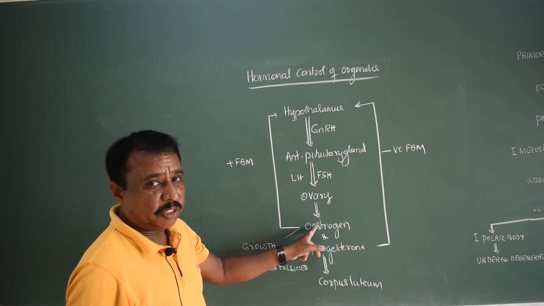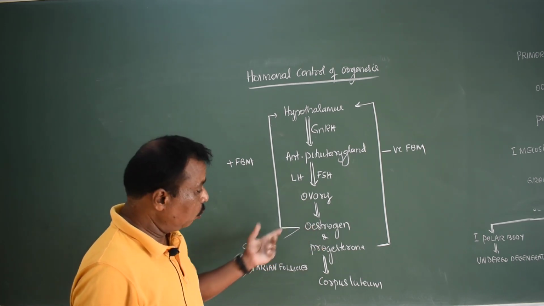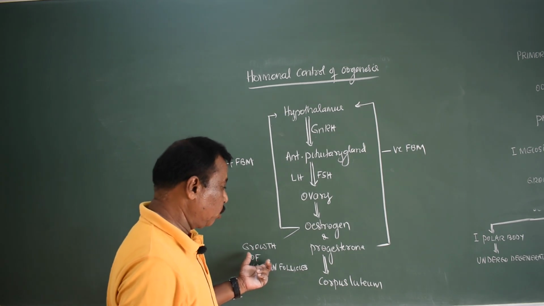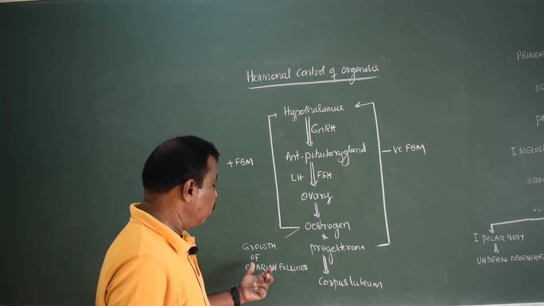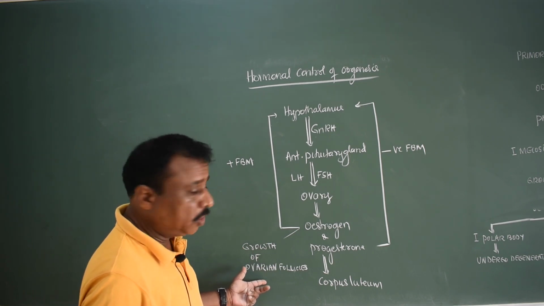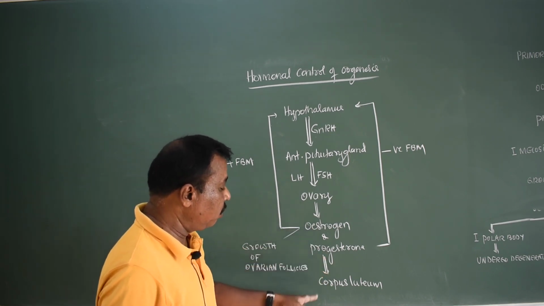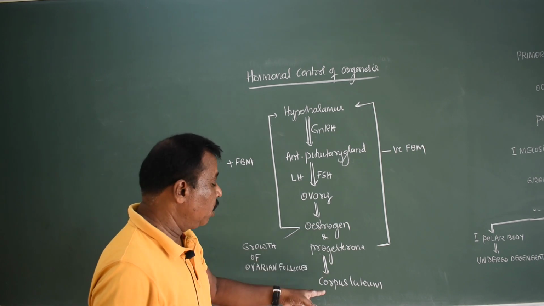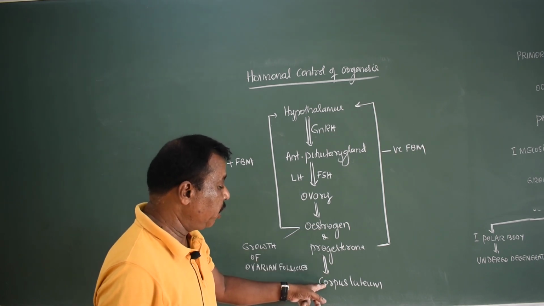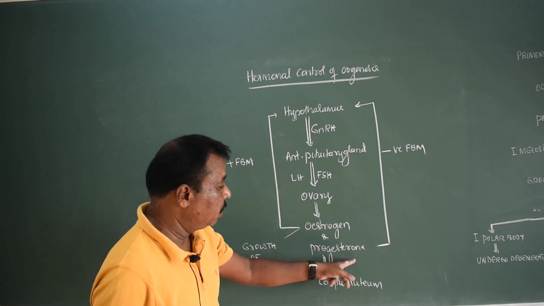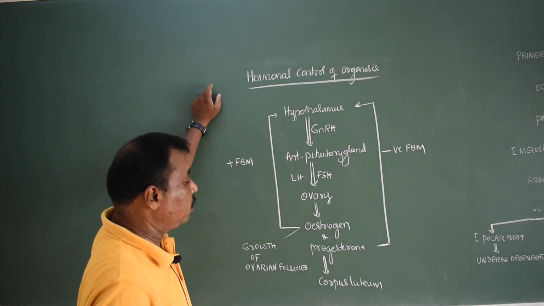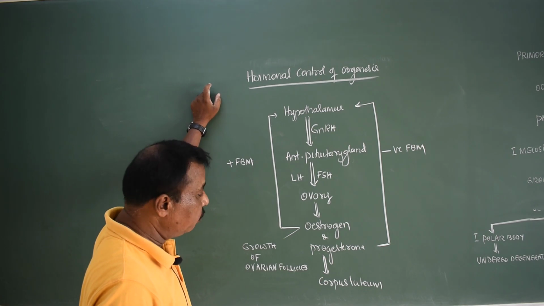Estrogen is a female sex hormone responsible for the growth of the sex organs, even secondary sexual characters, and stimulation of the ovarian follicles to produce ova through oogenesis. Progesterone is called the pregnancy hormone, and it is secreted by the corpus luteum. It is inhibited if the ovum is not fertilized.